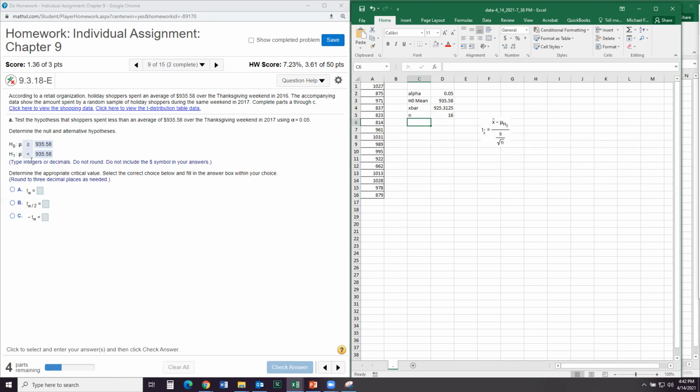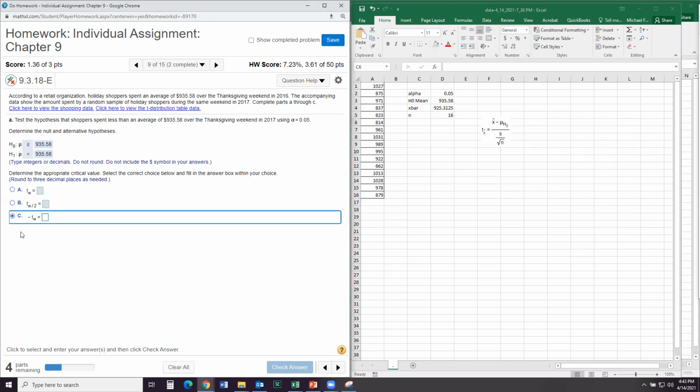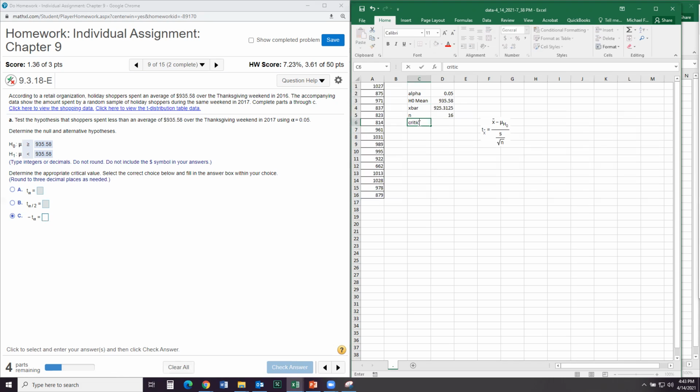Because my alternative hypothesis is that it's less than this mean, 935.58, I'm going to say I'm testing for the negative critical t. This equals t dot inv. The probability is our alpha, and the degrees of freedom is n minus 1.